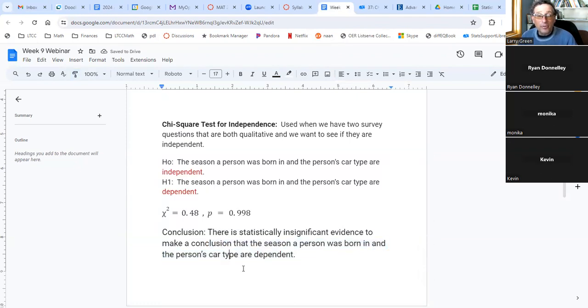The season a person was born in and the person's car type are dependent, right? And the key word, it's very important, is insignificant in this case. Any questions on this example?